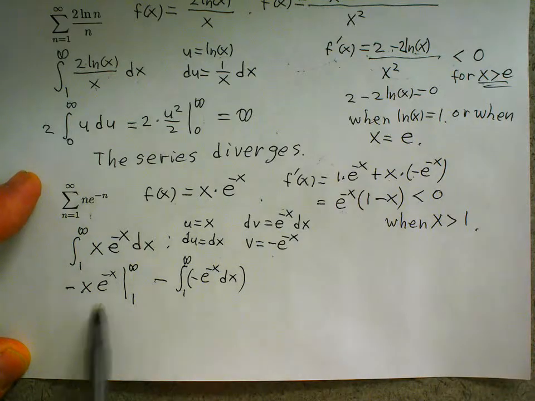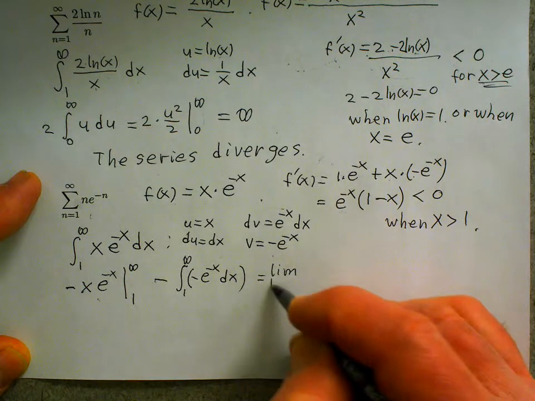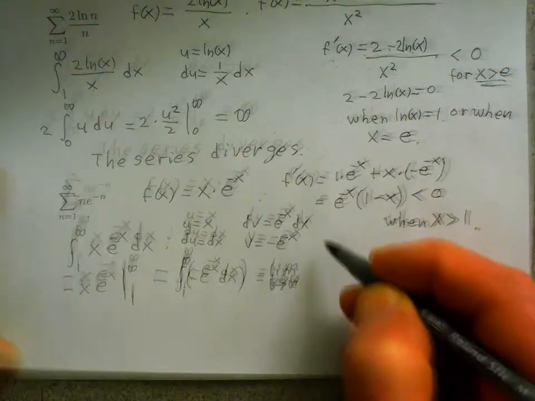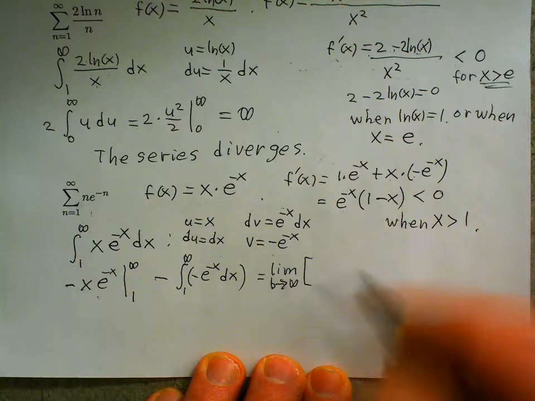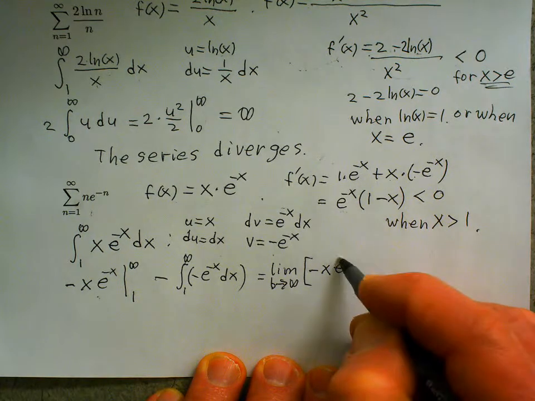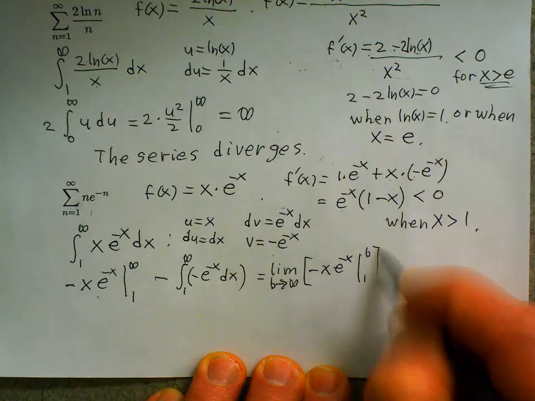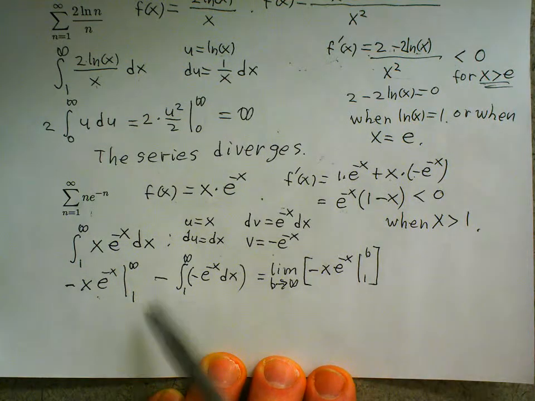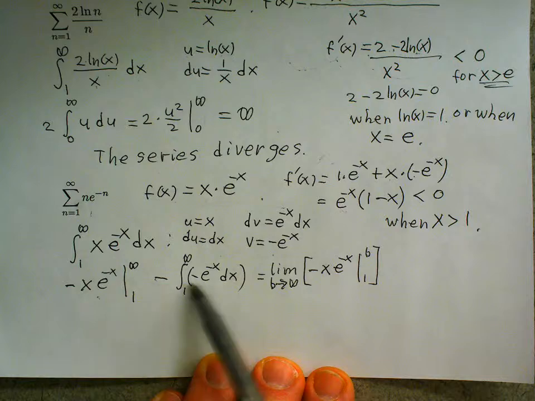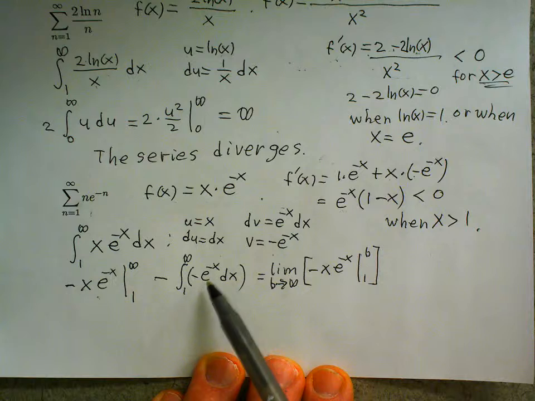Okay, so let's just write the limit as b goes to infinity of negative x times e to the negative x from 1 to b. And we'll do a couple of things at once. We're subtracting a negative, which means we're adding the integral of e to the negative x.